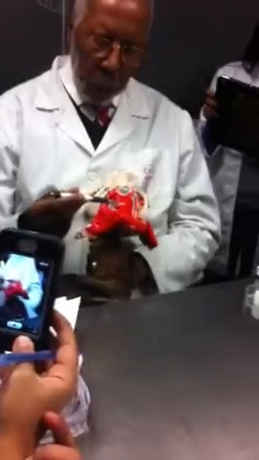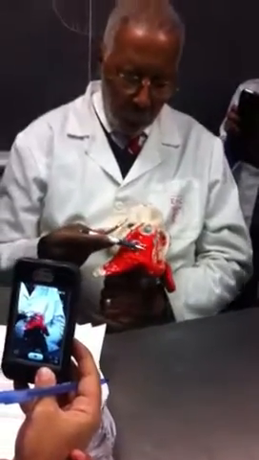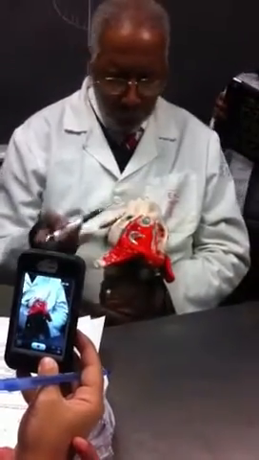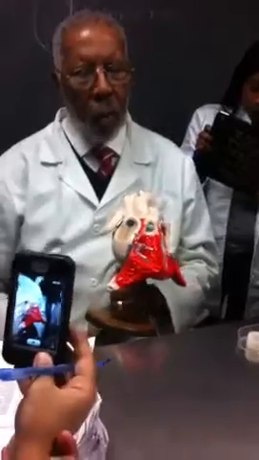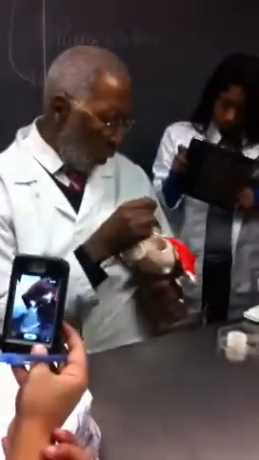Okay. Now, let's follow the flow of the blood. The blood from the right ventricle will enter this area here, called the conus arteriosus, C-O-N-U-S A-R-T-E-R-I-O-S-U-S. It is this cone-shaped area here.